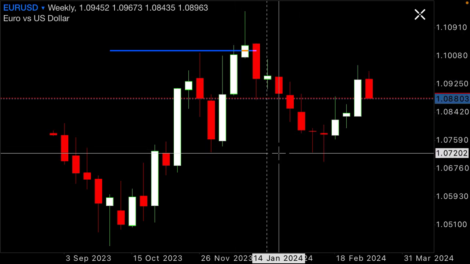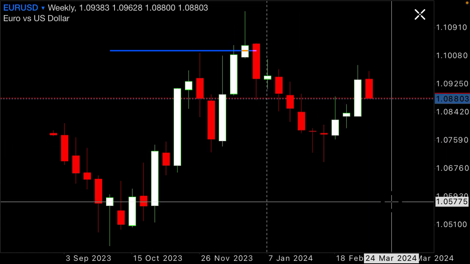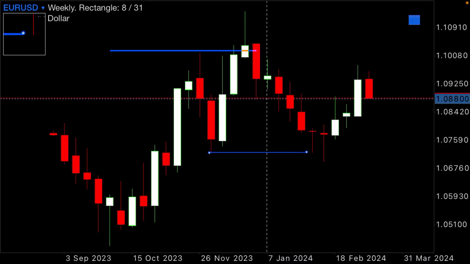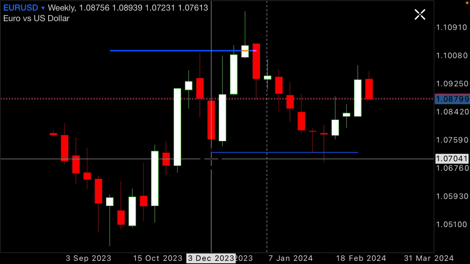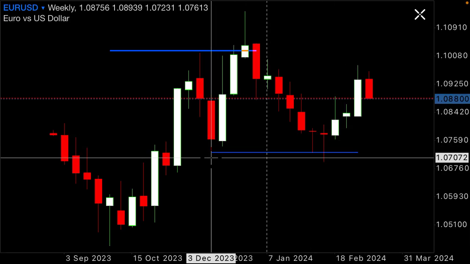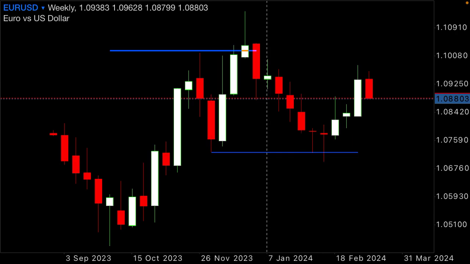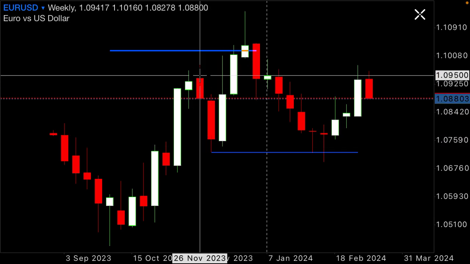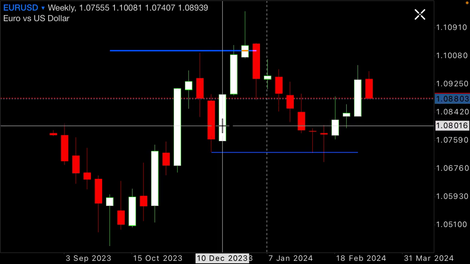So when the market moves above an old high and then moves below an old low, like this low, it becomes a shift in market structure, right? What's very important to take note of here is that these two specific candlesticks, these down-close red candlesticks, are what is called a bearish breaker.